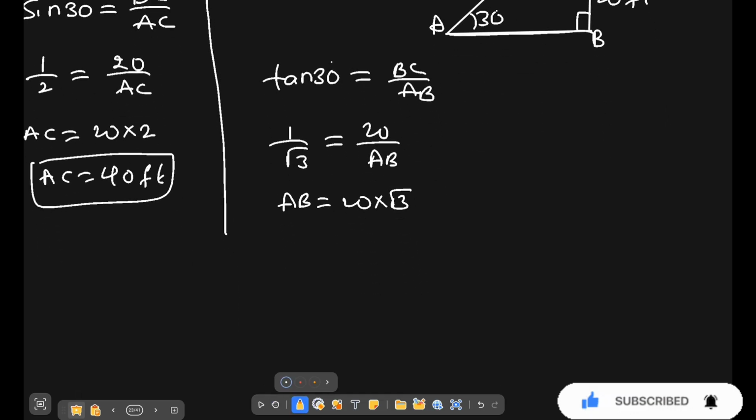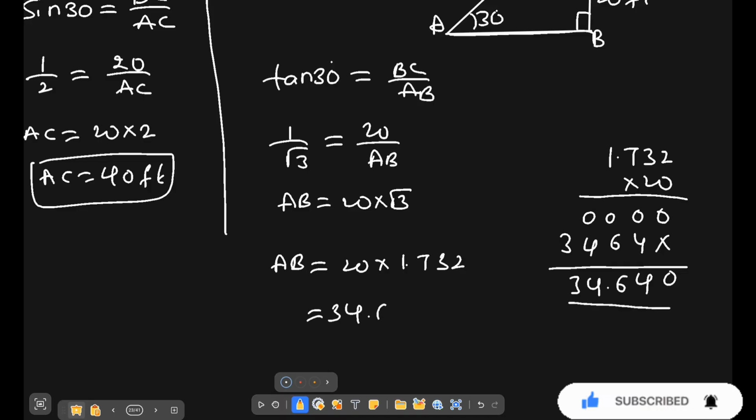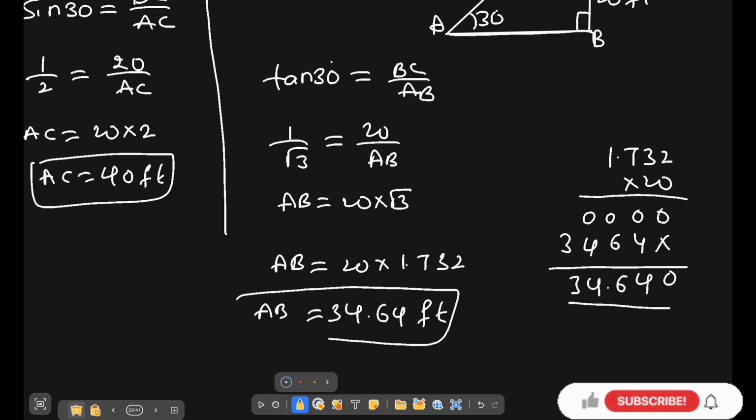Root 3 value is 1.732, so 1.732 into 20. After 3 digits we have to put the point, right? Now it is equal to 34.64 feet. So this is the horizontal distance.